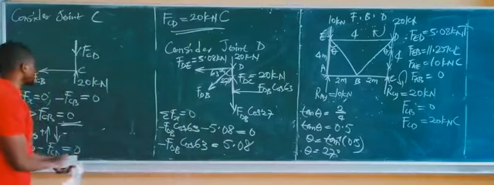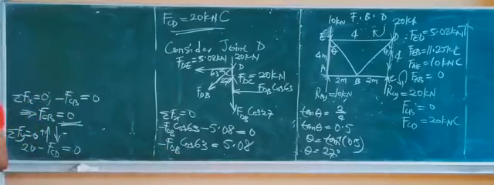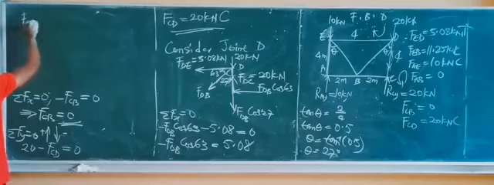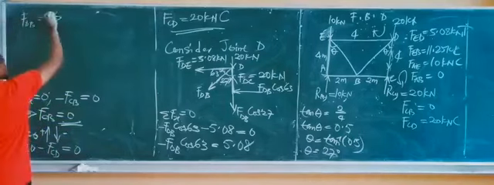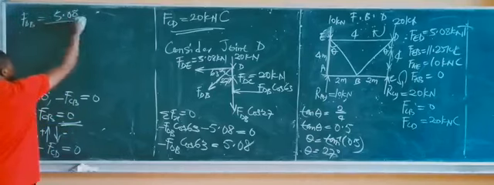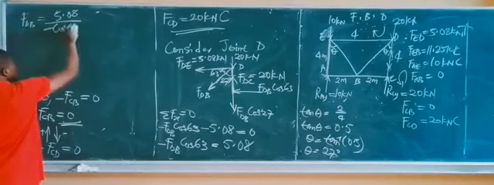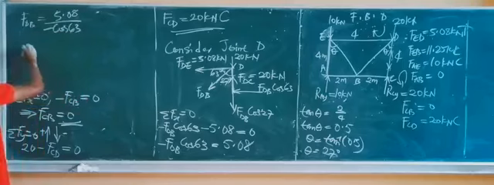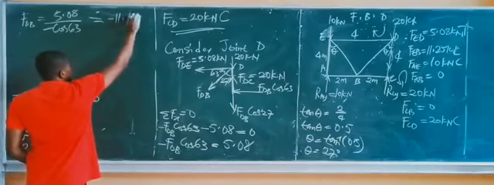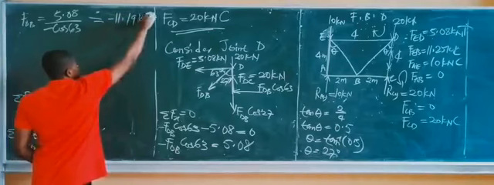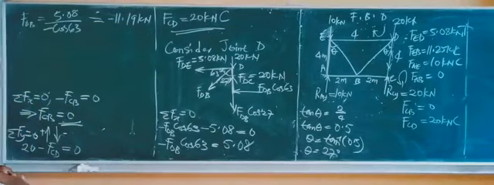So I'll simply have FDB equal to 5.08 divided by minus cos 63. So this is equal to 5.08 divided by 0.4540, which gives minus 11.19 kilonewtons.